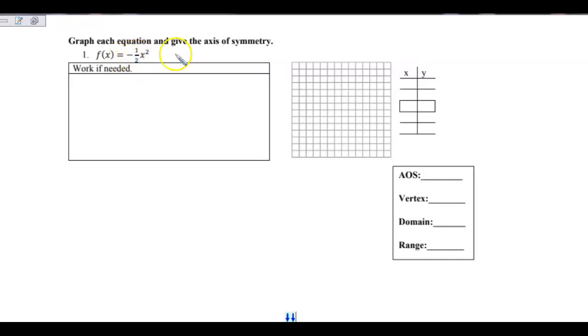So in this case, I'm going to do 4, 2, 0, -2, and -4 for my x values. If I have -1/2 times 4 squared, that is -1/2 of 16. Half of 16 is 8, so it's going to be -8.